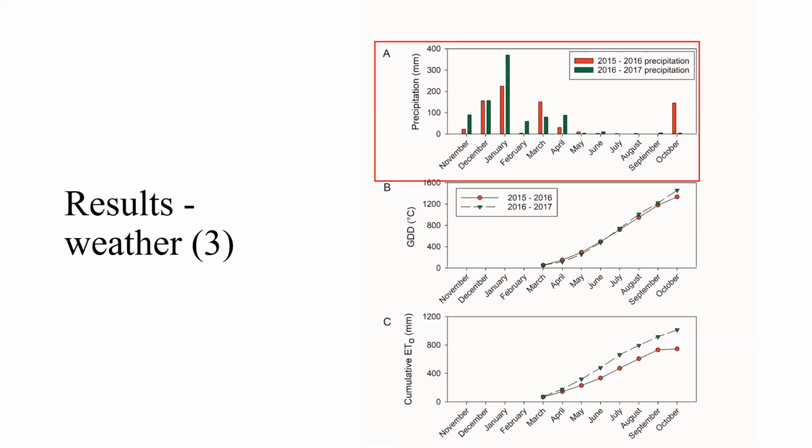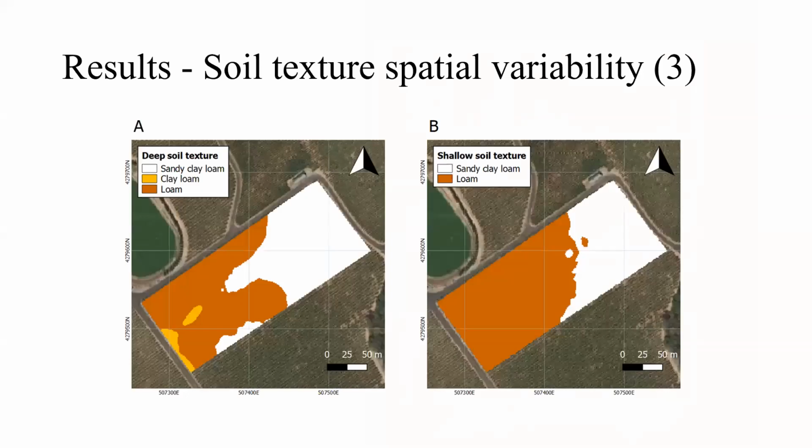Soil texture was measured at 2 different depths, deep and shallow, 0.75 to 1.5 and 0 to 0.75 meters. In deep soil, the majority of the western section consists mostly of loam, with a small portion of clay loam in the southwestern corner of the vineyard, with the remainder being characterized as sandy clay loam.